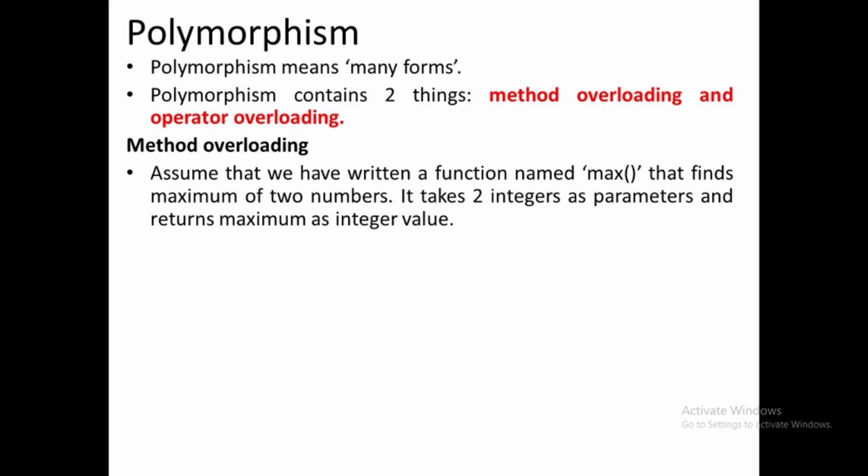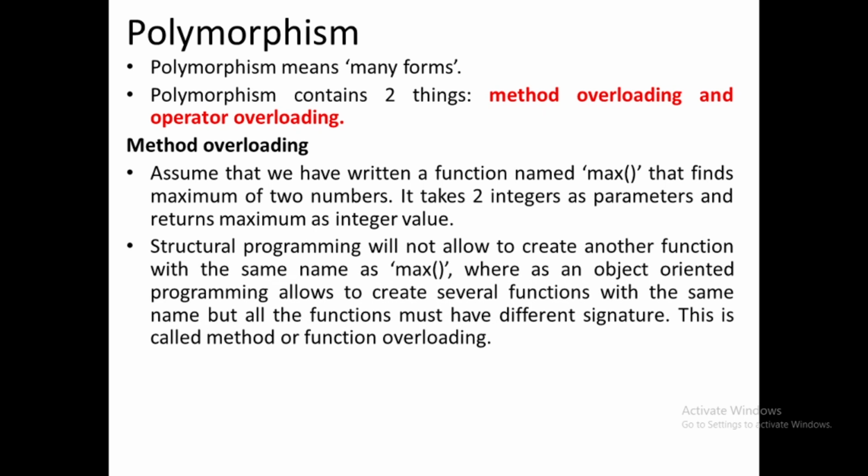So we can create such a function named max. Remember, structural programming will not allow creating another function with the same name as max. So in a single program, if you create a function with the name max, then you cannot create another function with the same name in a structural programming language.